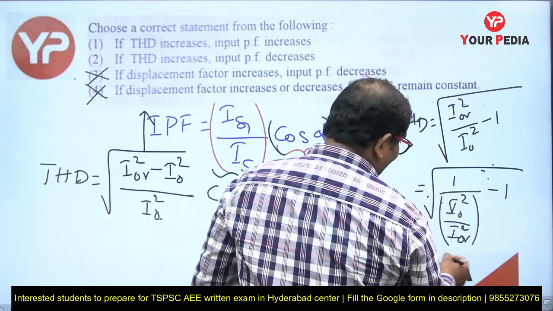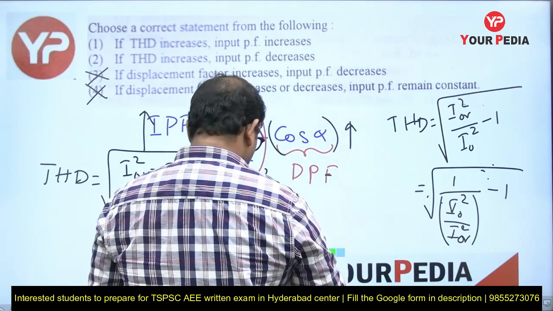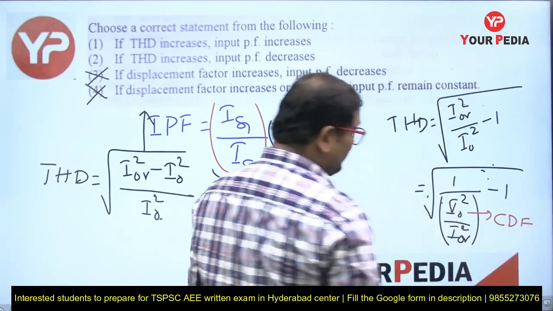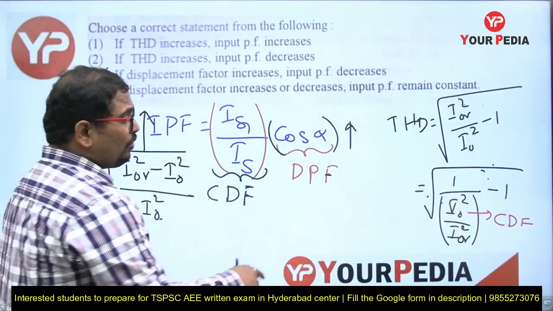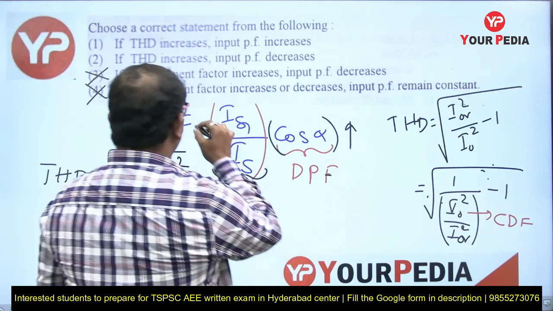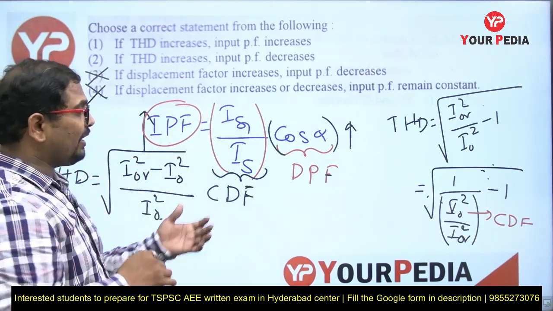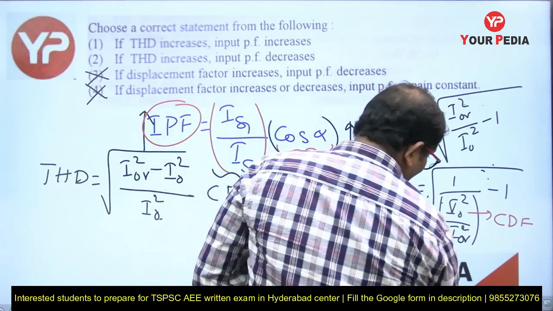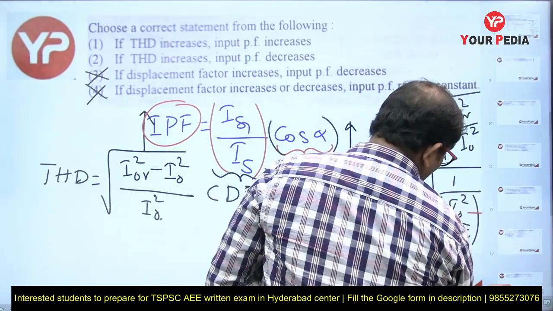So this can be rewritten as current distortion factor also. If you know the current distortion factor relation in terms of IPF, then you can get the relation between THD and IPF. Now let's take a new slide.